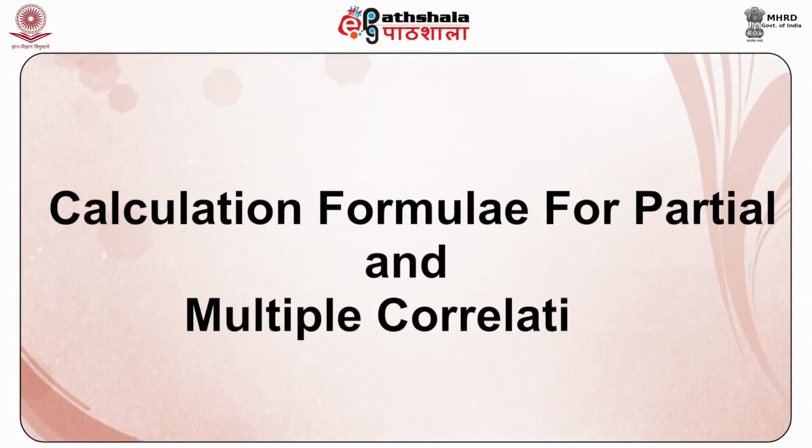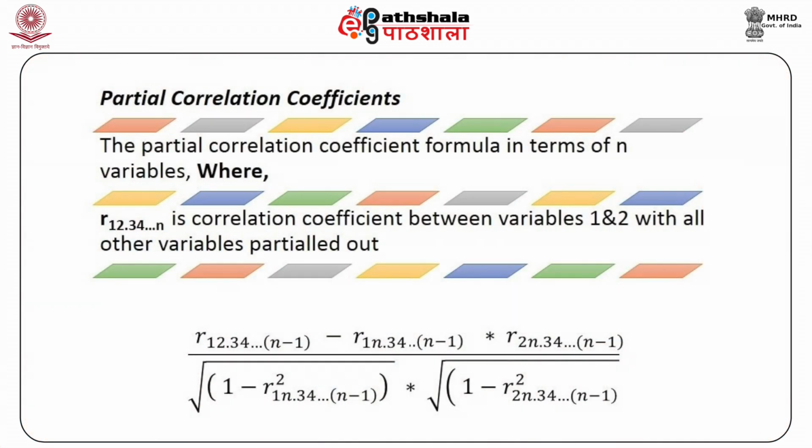The calculation formula for partial and multiple correlation. The partial correlation coefficient formula in terms of n variables, where R1 2.34 ranging to n is the correlation coefficient between variables 1 and 2.